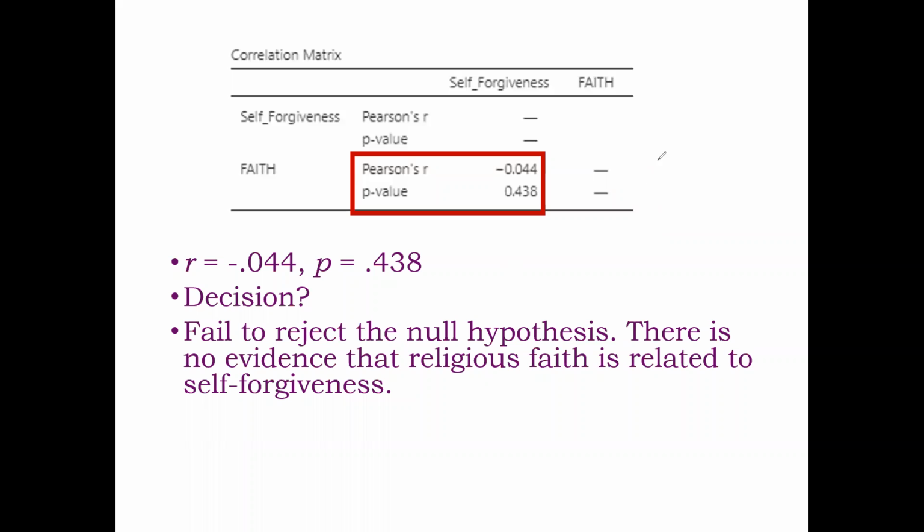Remember, our decision rule was reject null if p less than 0.05. It's messy and it's cursive. We compare 0.05 to 0.438. We see that p is greater than 0.05, so we fail to reject the null. All right, make sure you have that clear.